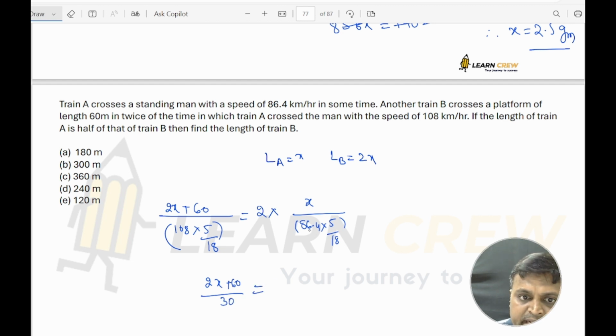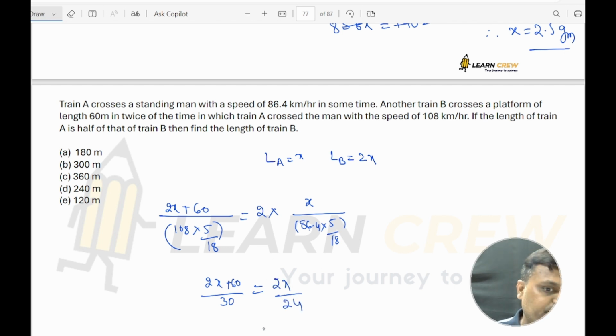So 86.4 into 5 is how much? 432. 432 by 18 is 24. So it is 2x by 24.